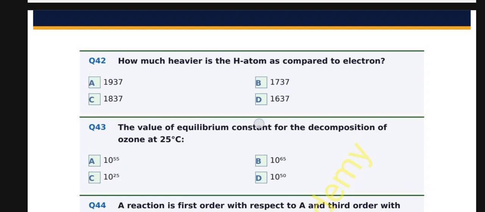Mass of electron is approximately 9.109 times 10 power minus 31 kilogram. The ratio is approximately 1836.8. A hydrogen atom is approximately 1837 times heavier than an electron.